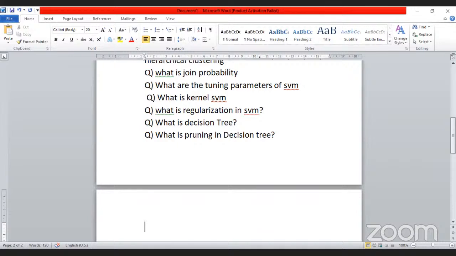Post-pruning means once the whole decision tree is formed, we cut out the nodes. That is post-pruning. So pruning is a technique that helps us overcome overfitting of a decision tree model, in which we are just cutting out the nodes. That is the pruning technique.